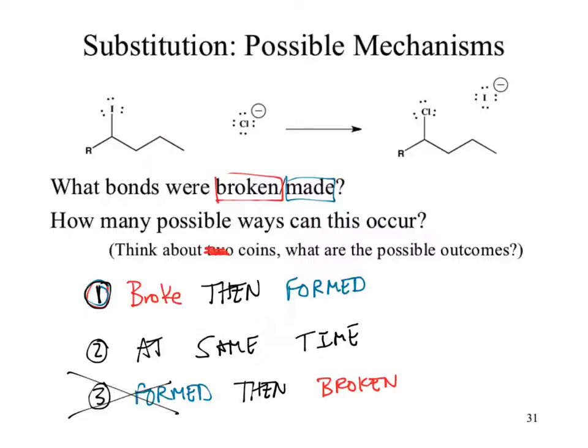We have a substrate. We have the leaving group, and this gets weird. The leaving group is iodide, but iodide hasn't left from the structure yet. So where can I label the leaving group? After it's already left. That is now my leaving group, which you'll always see me abbreviate as LG.